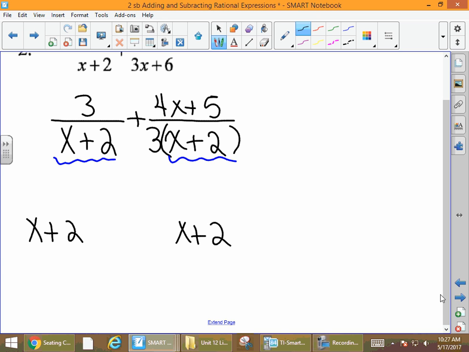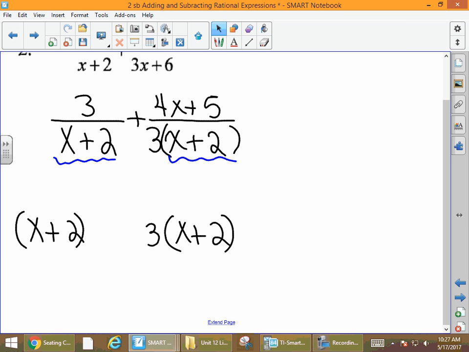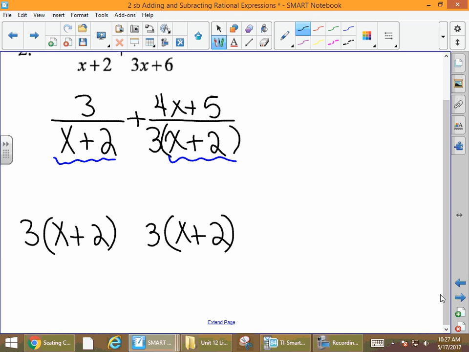But the other thing, for lack of better words, in the denominator is a 3. And it's only in one of the denominators. So to make them common, we're going to have to put the 3 into both.